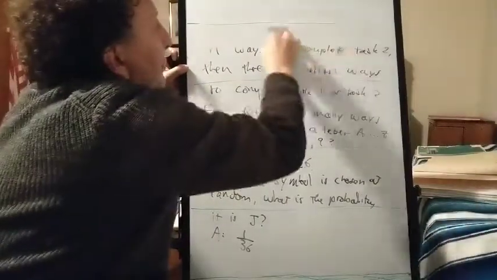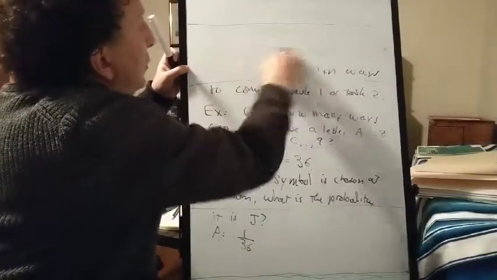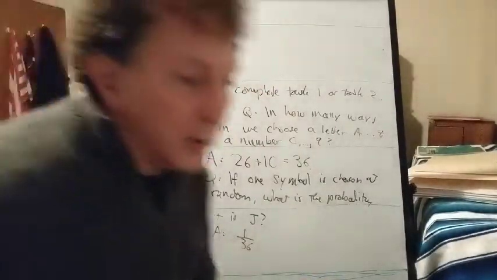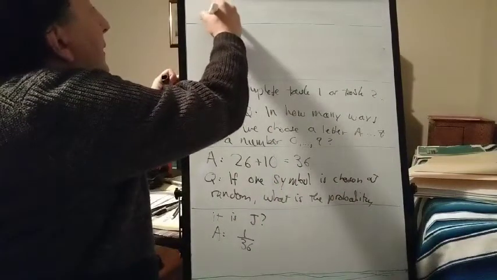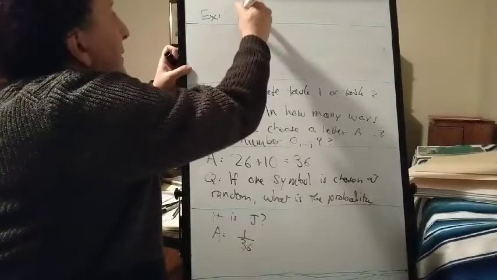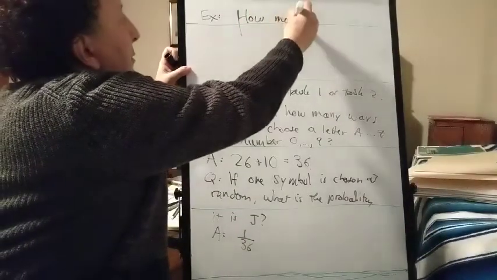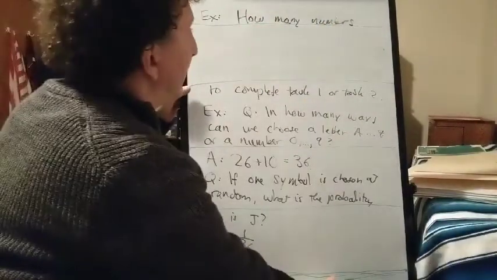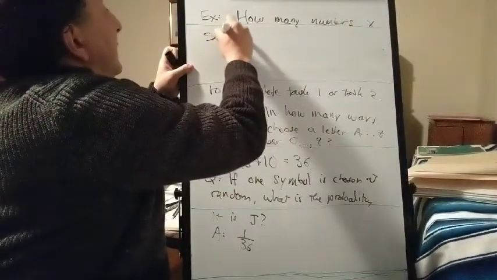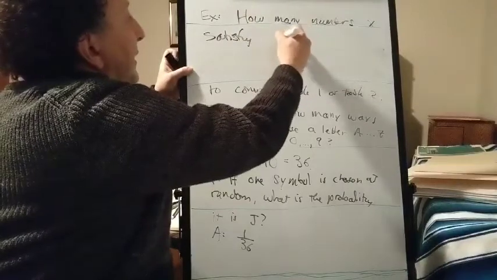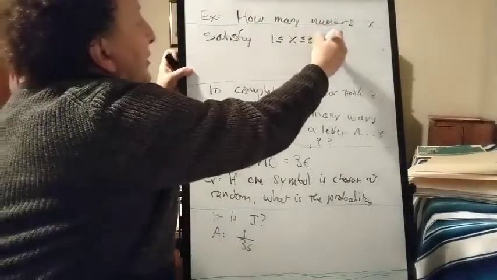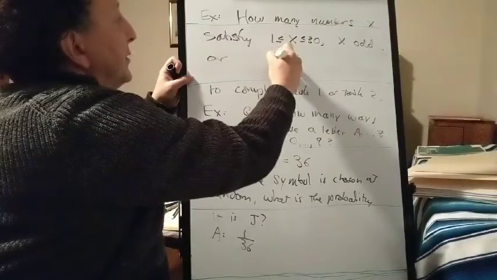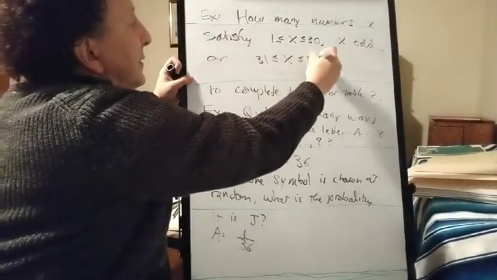All right, let's look at another example. Let's ask how many numbers x satisfy x is between 1 and 30 and x is odd, or x is between 31 and 40 and x is even.